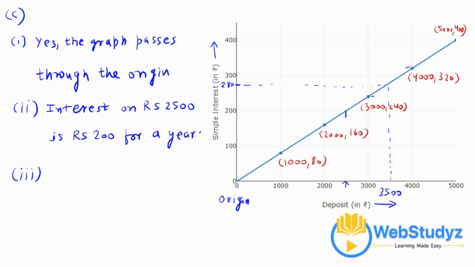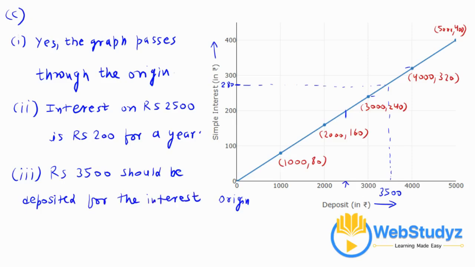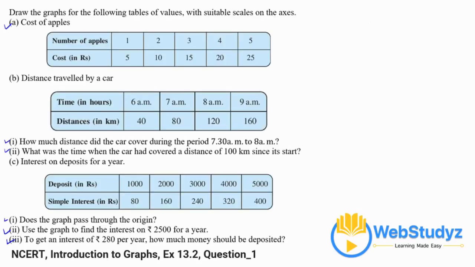So this way we can say that rupees 3500 should be deposited for the interest of rupees 280.